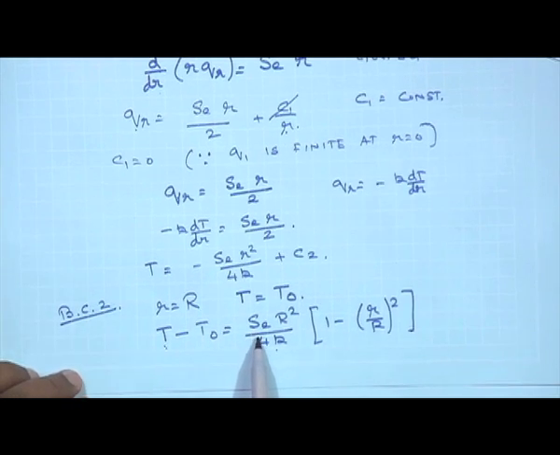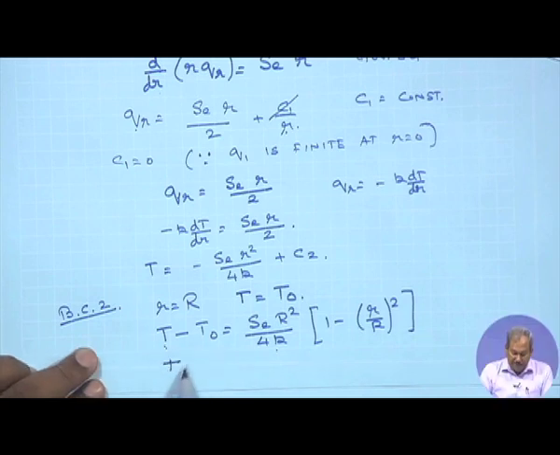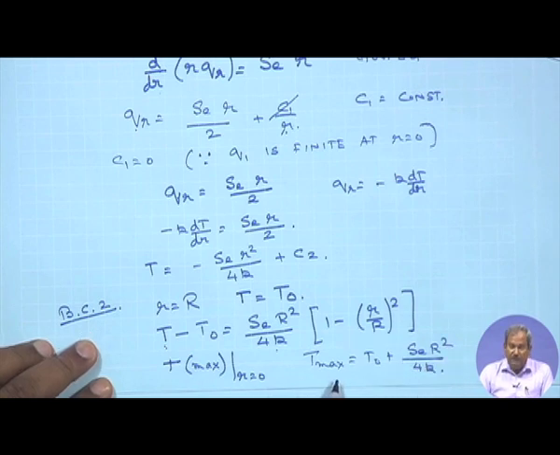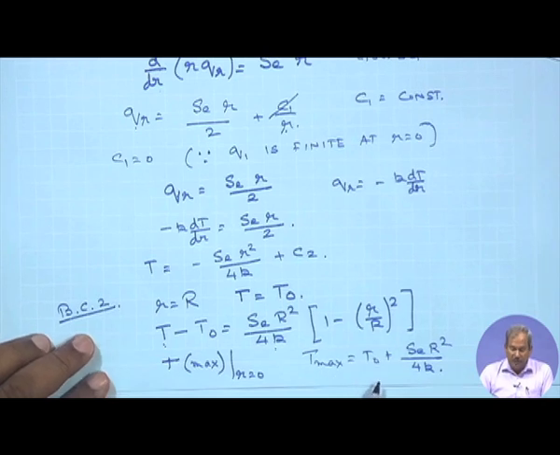So it's a parabolic distribution, with the maximum temperature T max obviously at a point where r equals 0, and T max would be equal to T0 plus S_e R square by 4k. So this would be the maximum temperature rise of the wire.